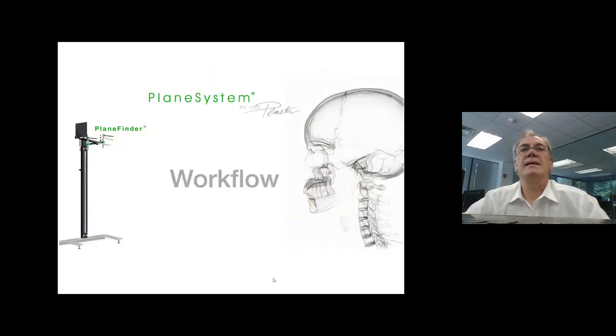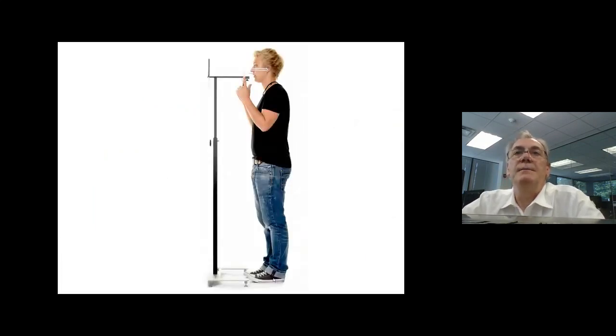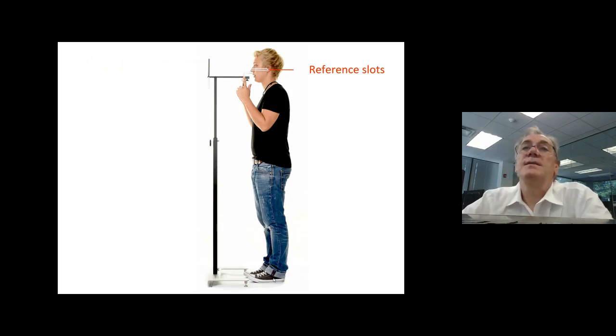So let's take a look at the actual workflow in relation to the plane finder. Well, first of all, it's a device composed of a base stand on which a vertical plane is connected, and a horizontal plane, which is our plane of Fox or our plane 0, or the plane of the horizon, and a mirror, and what we call the reference slots.